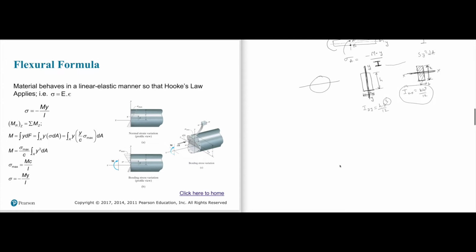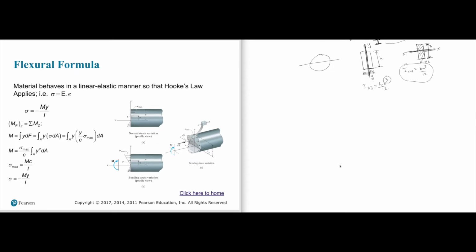So take this as an important point. When you say sigma is negative my over I, what is M? Bending moment at that cross section. What is Y?